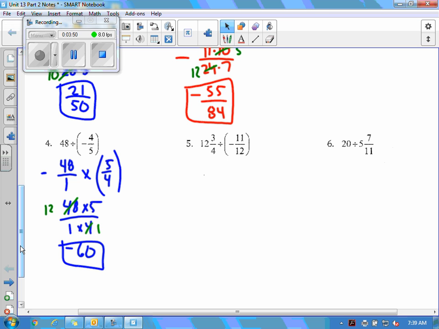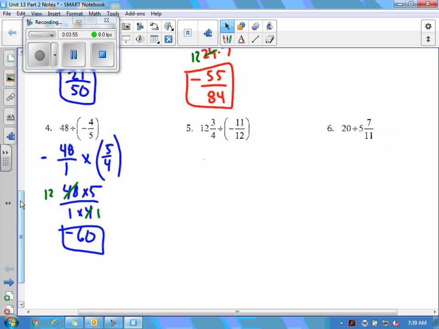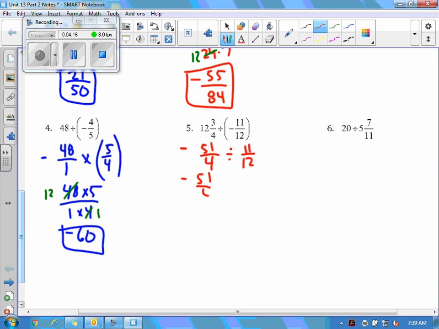Looking at number 5, we've got a mixed number. So first thing we need to decide is going to be positive or negative. I'm doing a positive divided by a negative, so my final answer will be negative. I want to turn this mixed number into a fraction. So that's going to be 51 over 4 divided by 11 over 12. Again, this negative is gone because I put it up front with my answer. So I need to keep, change, and flip.